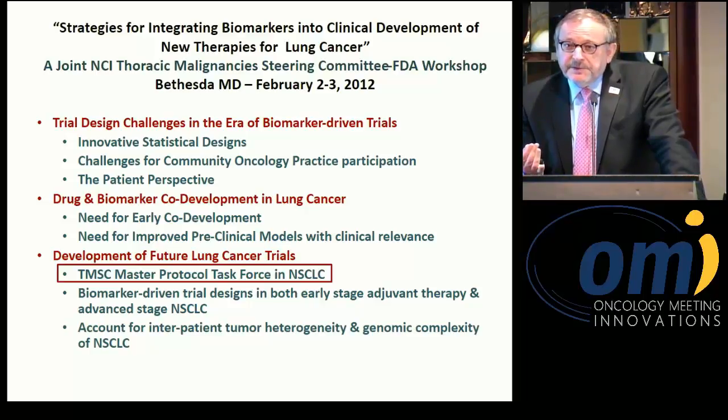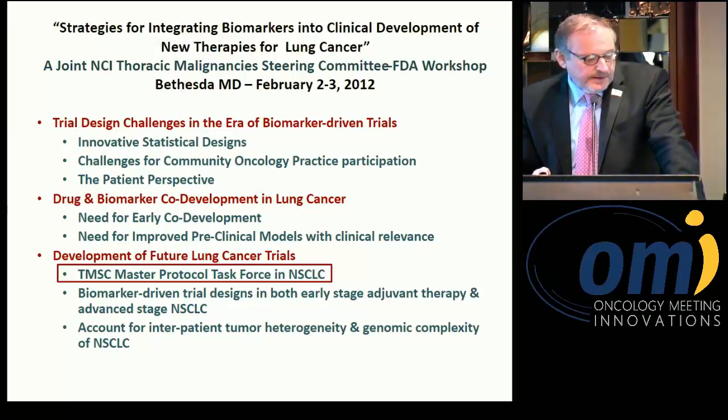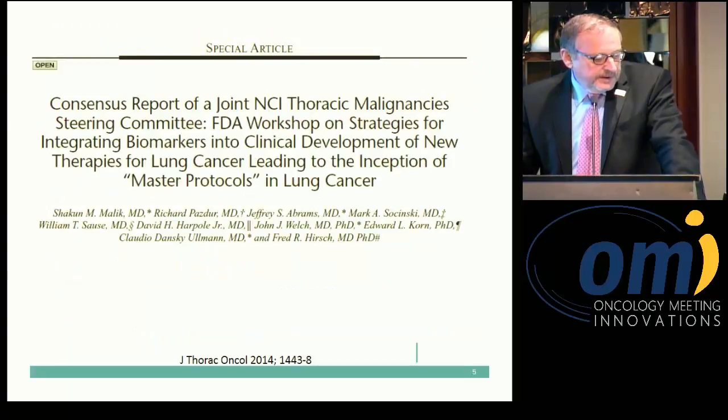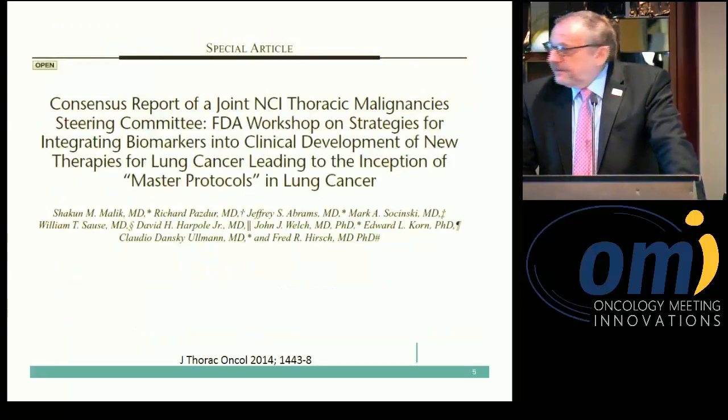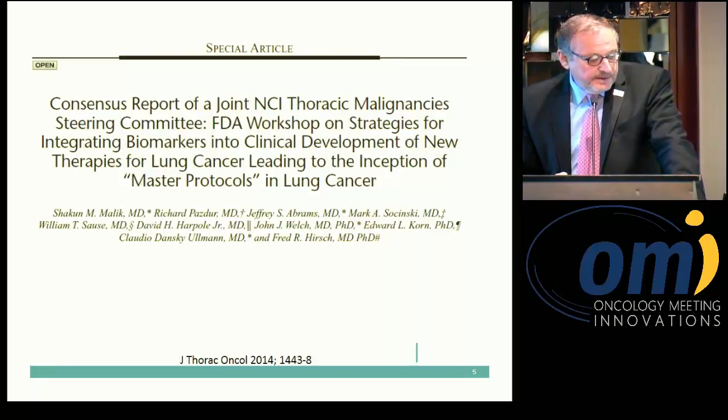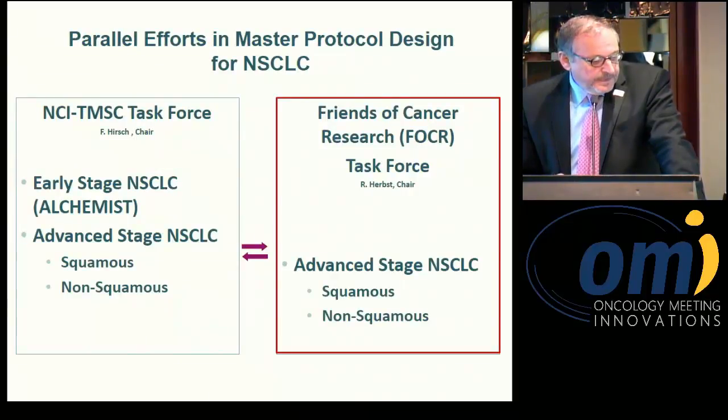The task was to discuss how we can integrate biomarkers better into clinical trial designs. So we had this meeting, and the meeting report is here, and the concept of master protocols was born.